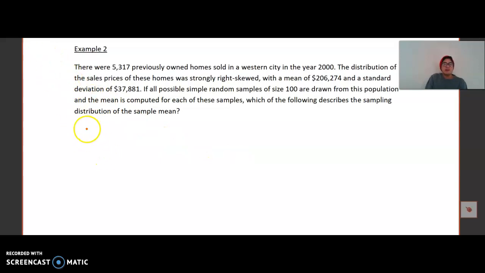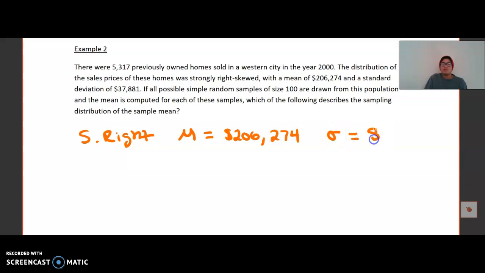So I'm going to go ahead and label my knowns. So here I know that we are skewed right. I know that the mean here for this population was 206,274, and the sigma was 37,881. And it looks like this is my population here.